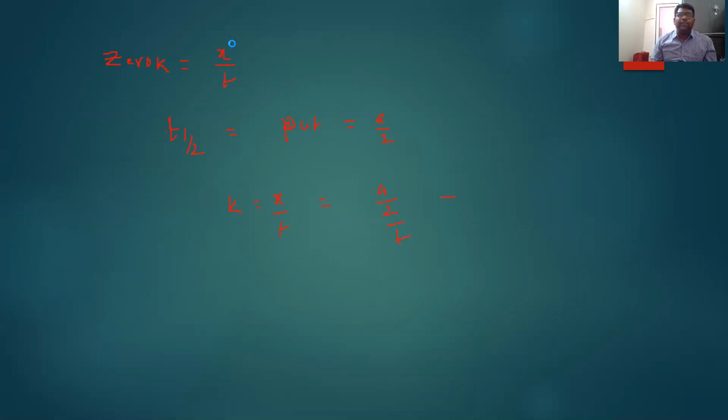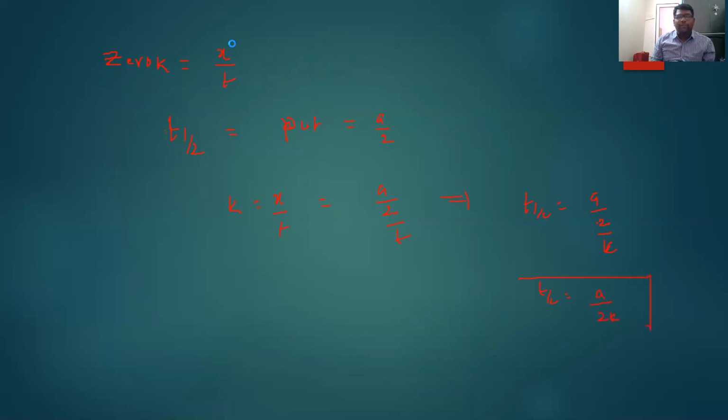So the half-life time of the zero order reaction is t half is equal to a by 2 by K, that is, a by 2K.